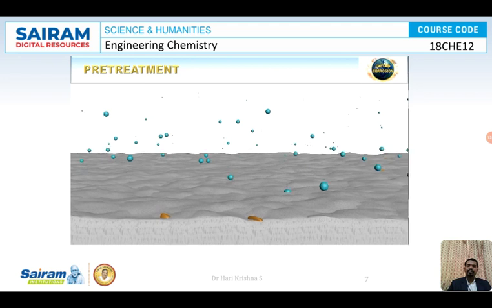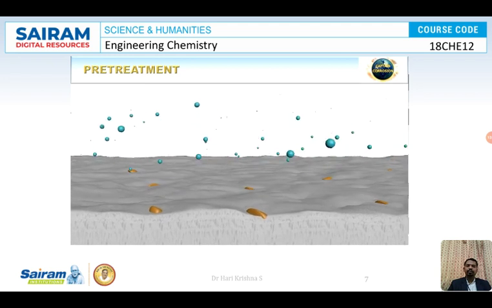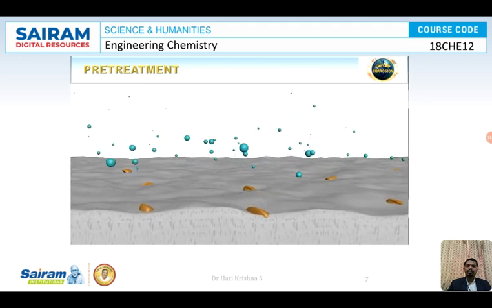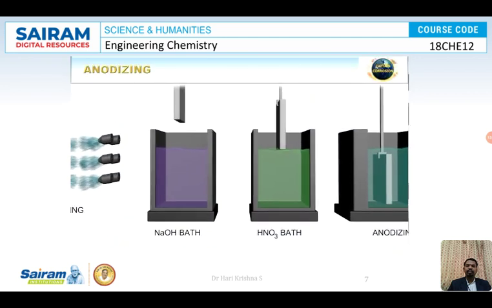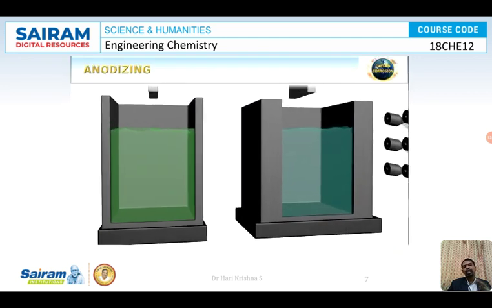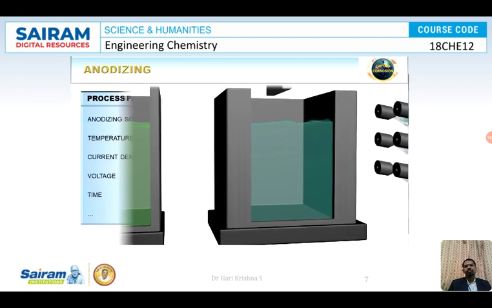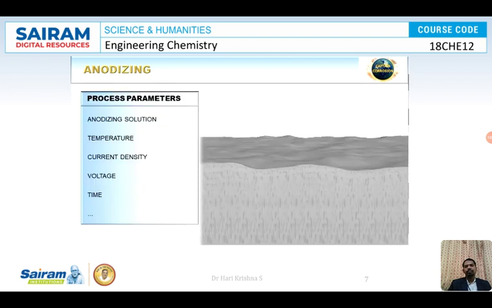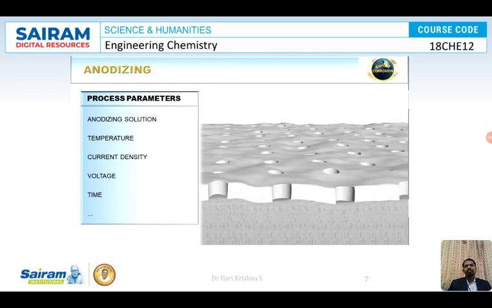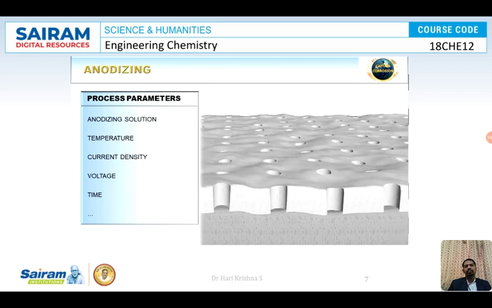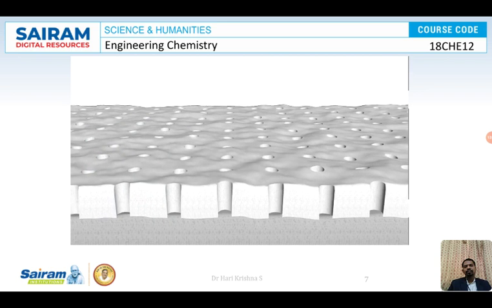The chemical treatment stages are sometimes not necessary if the mechanical treatment is already sufficient. The freshly treated metal is then anodized, where the anodizing parameters such as current, voltage, temperature, time and anodizing solution are selected based on the final application.